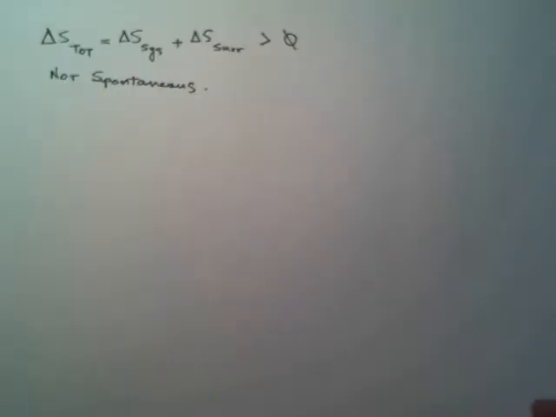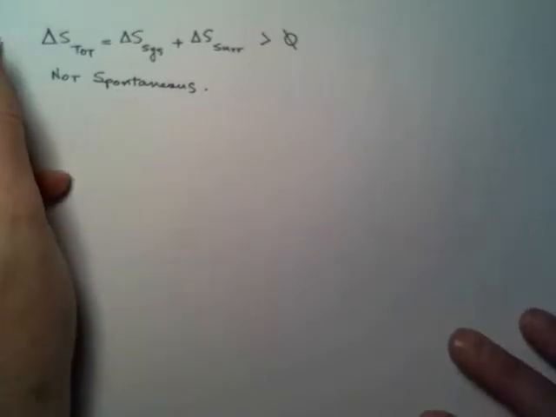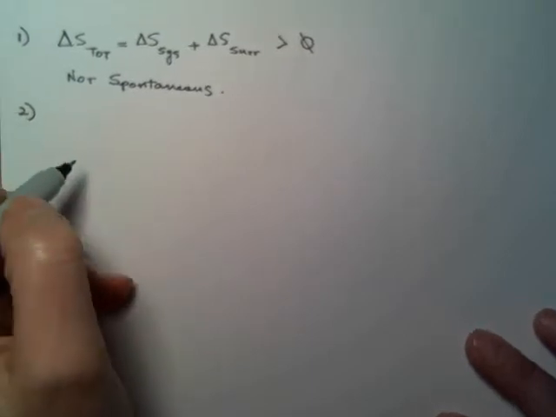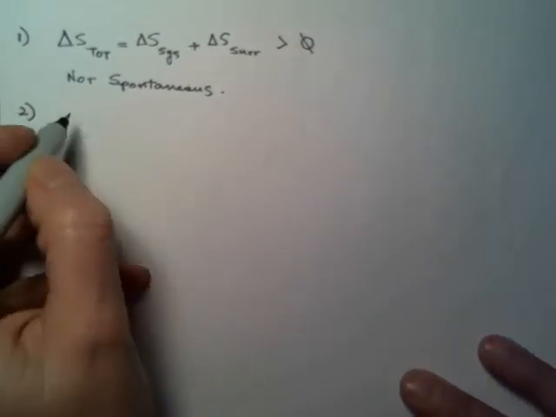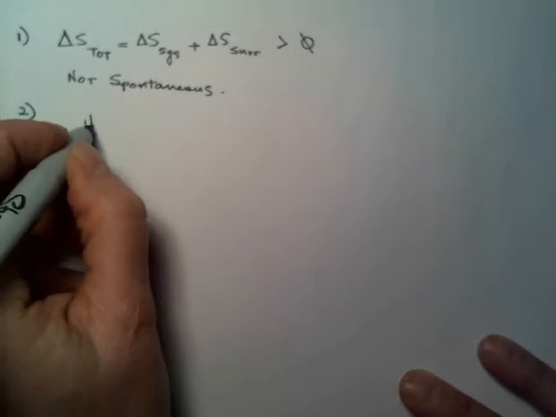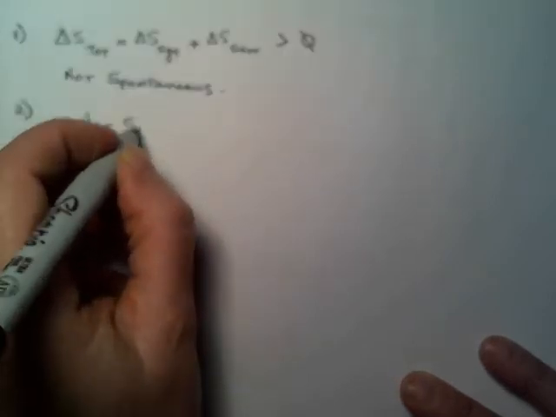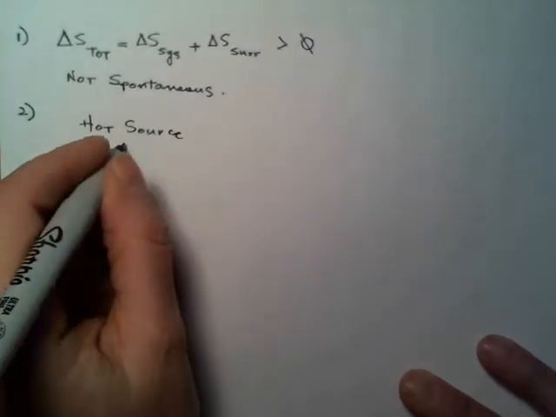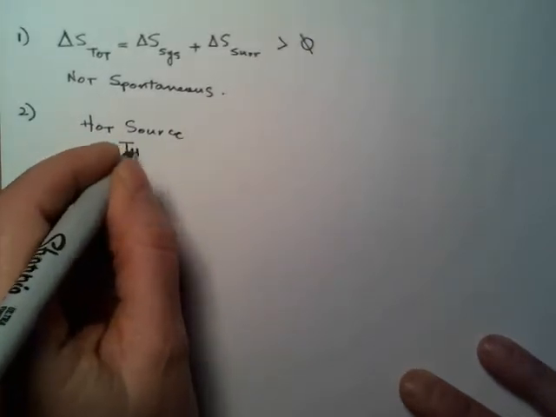So let me sketch out the given a little bit differently than what's given here in this second exercise. I'm going to sketch out our hot source, which is at T hot.